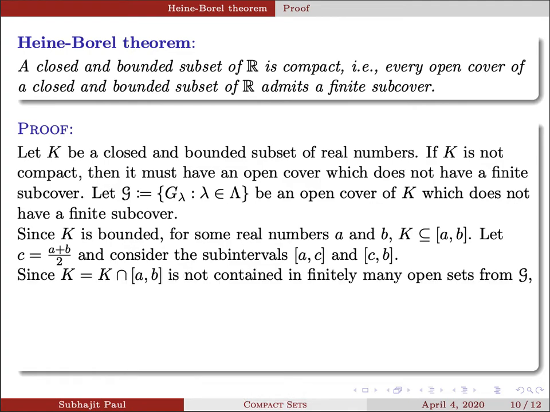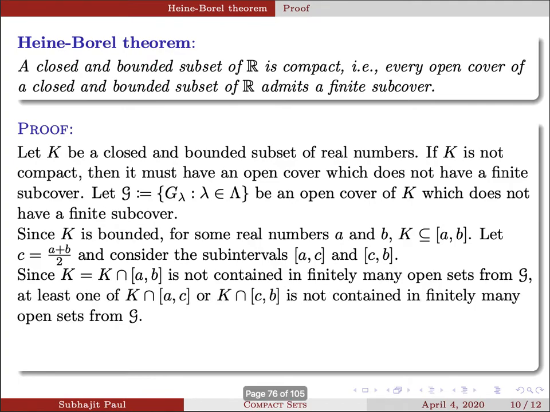Now, since K is a subset of AB, K intersection AB is K. Since K is not contained in finitely many open sets from G, that is our assumption: if K is not compact, then it must have an open cover which does not have a finite subcover. So G is an open cover of K which does not have a finite subcover. So K is not contained in finitely many open sets from G.